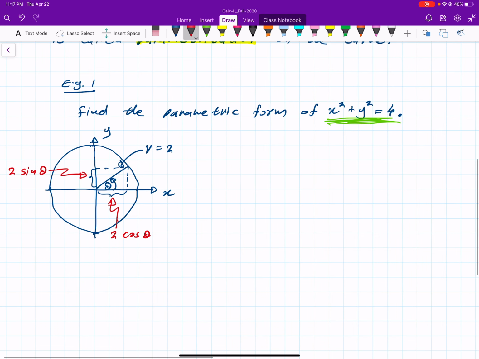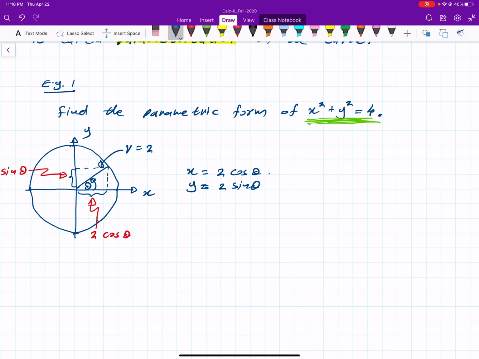So these are the equations of x and y: x equals 2 cosine theta, y equals 2 sine theta. That is the parametric form of this circle. The parameter here is theta.